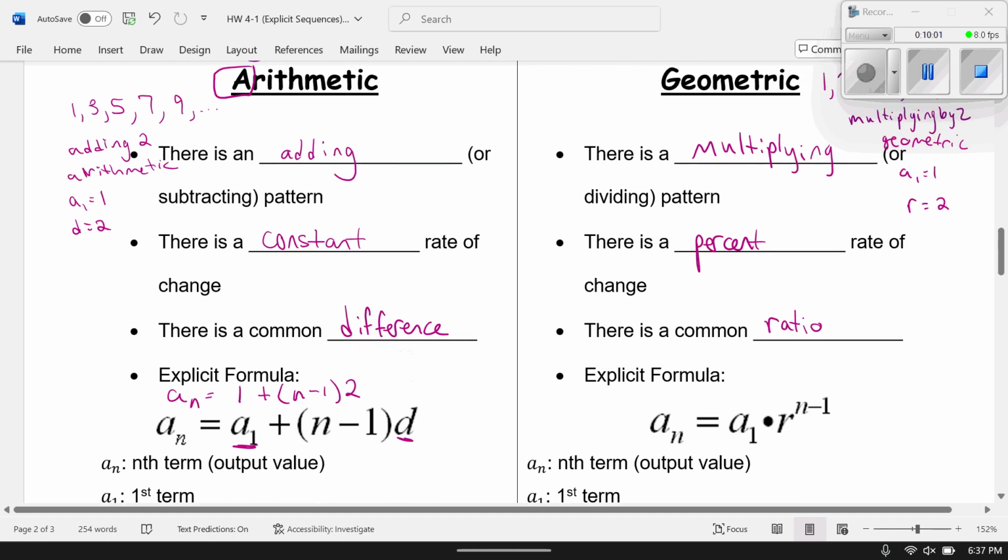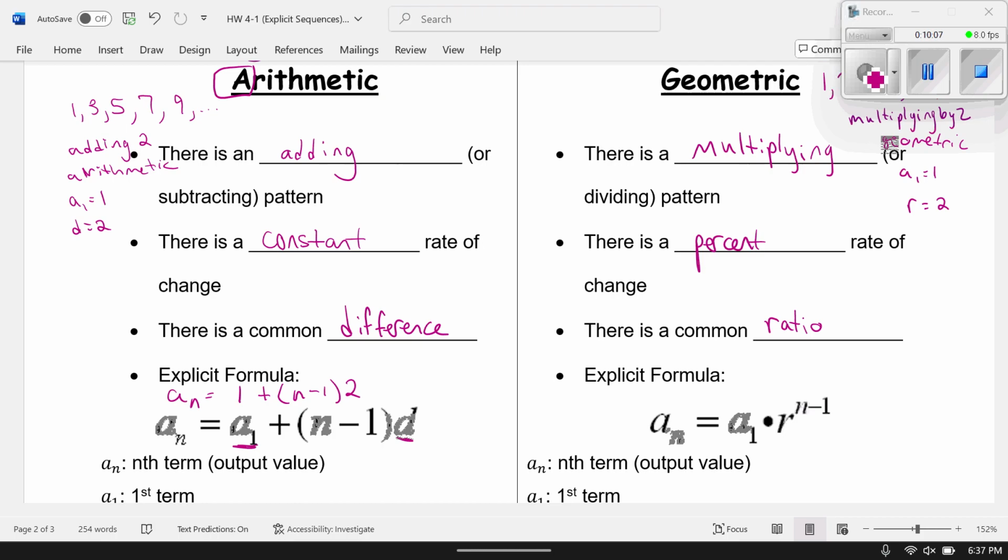Then if you wanted to write a formula for it, you would go to your reference sheet, look at the explicit formula, and replace a sub 1 and r. So we would have a sub n equals 1 times r, which is 2, to the n minus 1 power. And then if you wanted to find the 10th term, you would plug n as 10, and you would figure out what the 10th term is without having to repeat the pattern.